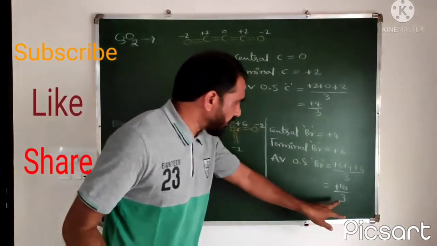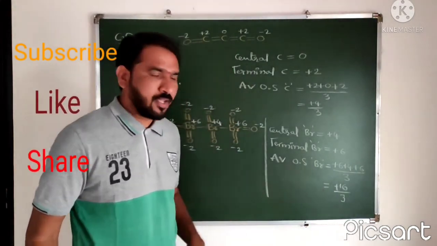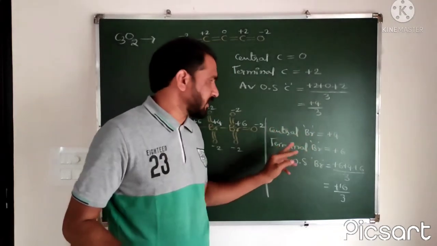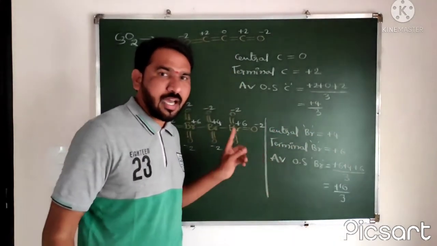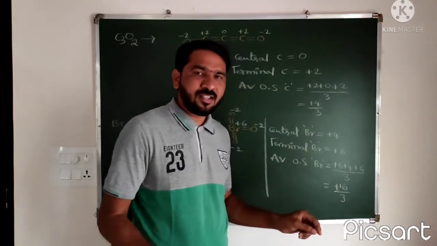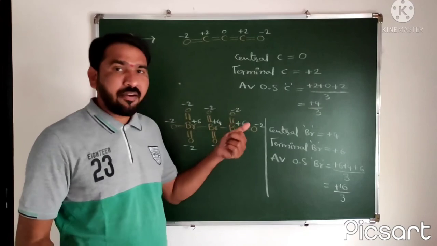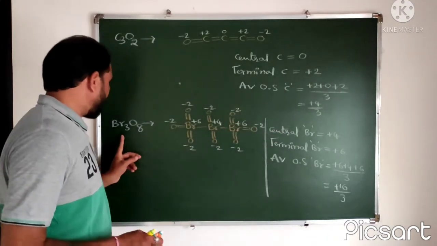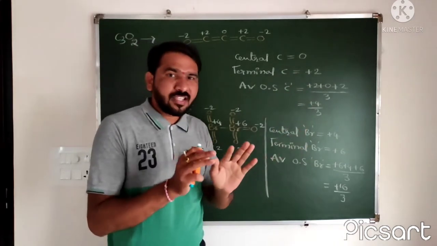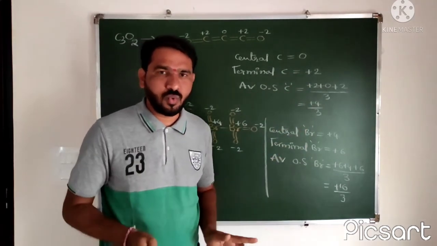So this is the average oxidation state of bromine. Plus 4 is the central bromine oxidation state. Plus 6 is the terminal bromine oxidation state. Plus 16 by 3 is the average bromine oxidation state in Br3O8. Like this, we can get fractional oxidation states also.